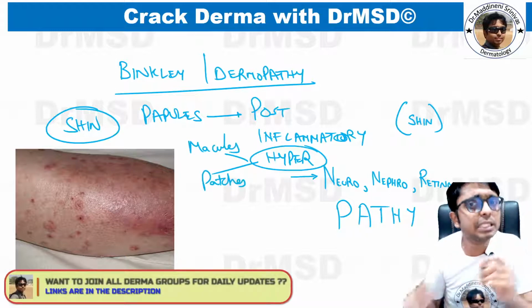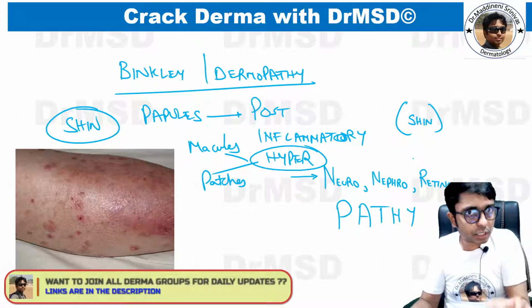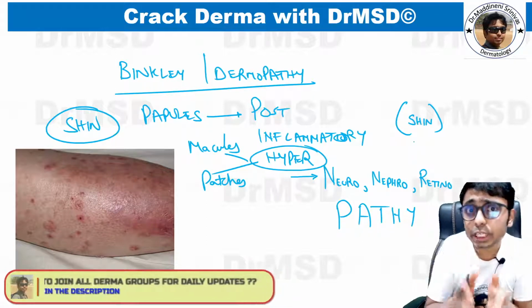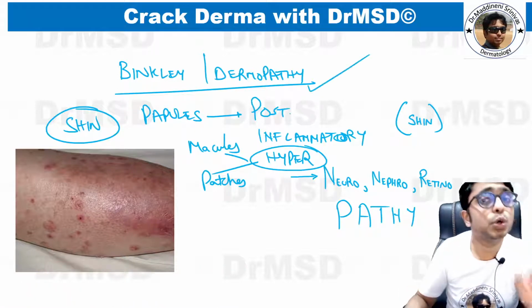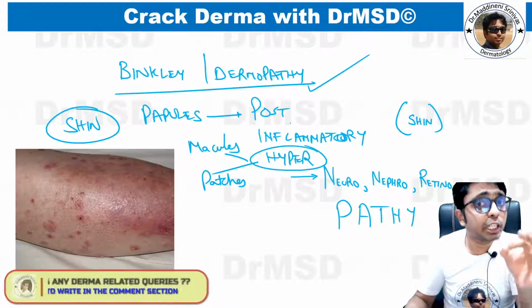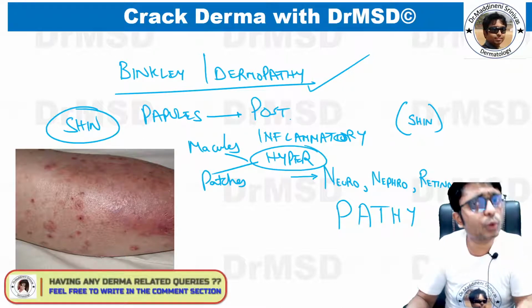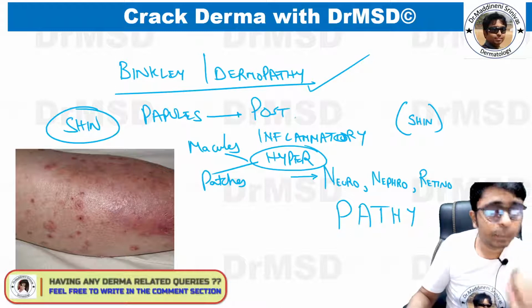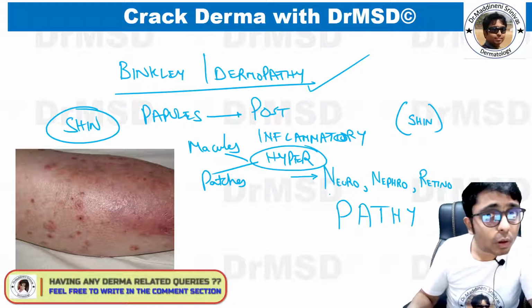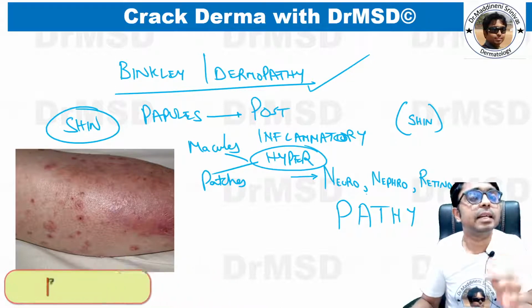And the clinical importance of these lesions is that if a diabetic patient has these Binkley spots or diabetic dermopathy lesions over the shin, we should suspect that the patient has a high likelihood of developing all the types of pathies: retinopathy, neuropathy, and also the kidneys can get affected, that is nephropathy.